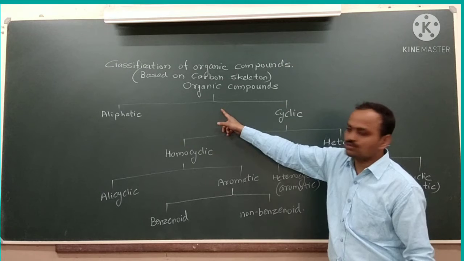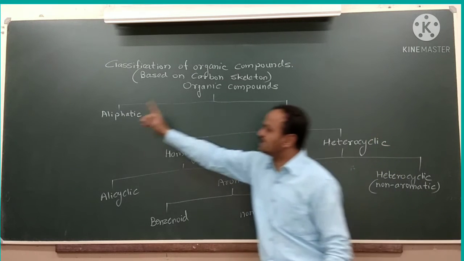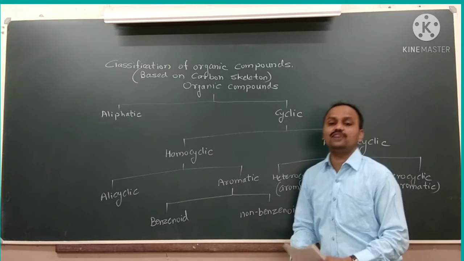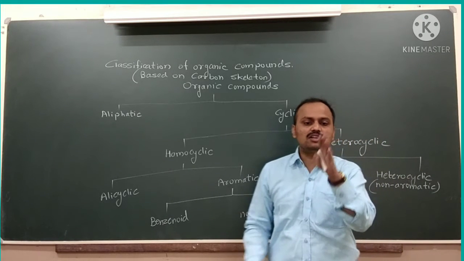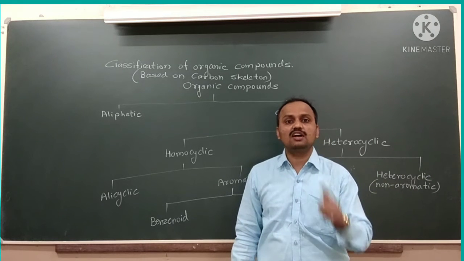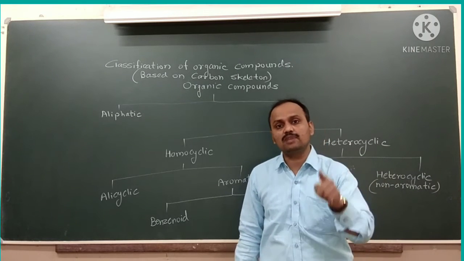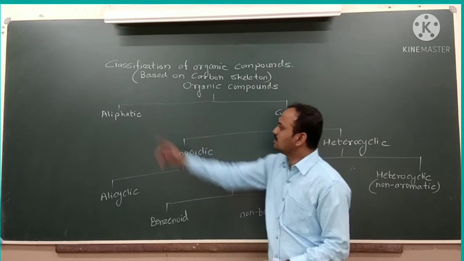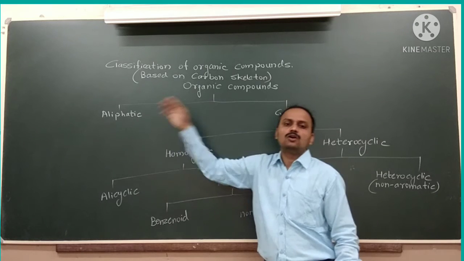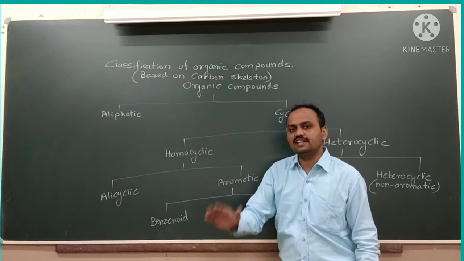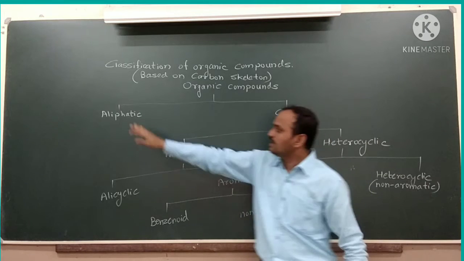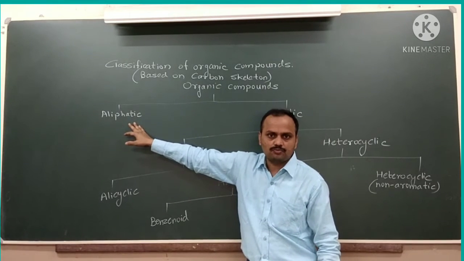Students, organic compounds are mainly classified into two parts, that is aliphatic and cyclic. Aliphatic means carbon-carbon straight chain, or carbon-carbon straight chain having branches. That comes under aliphatic compounds.